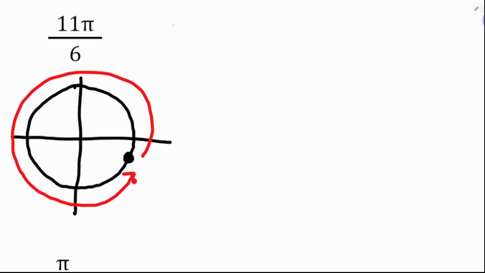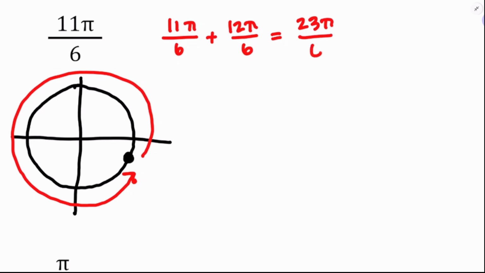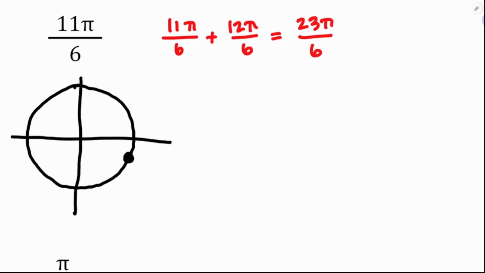If I have 11 pi over 6, which was already close to 2 pi, and I add 2 more pi, 12 pi over 6, that'll give me 23 pi over 6. And that feels right. That's almost 24 pi over 6, which would be 4 pi. If I went backwards.